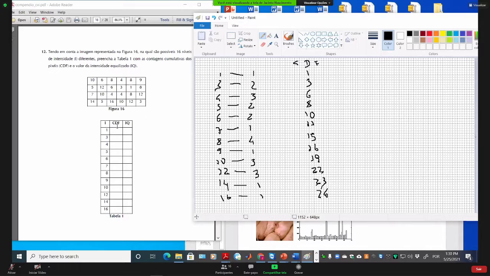So this is the cumulative distribution function. So this is precisely what I want to fill here in the second column.